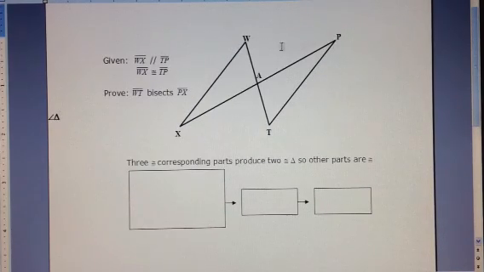If 2 lines are parallel and they're cut by a third line, or transversal, the angle at W and the angle at T are called alternate interior angles, and they happen to be congruent if the lines are parallel, and in fact they are. So we know that angle W and angle T are congruent as well.